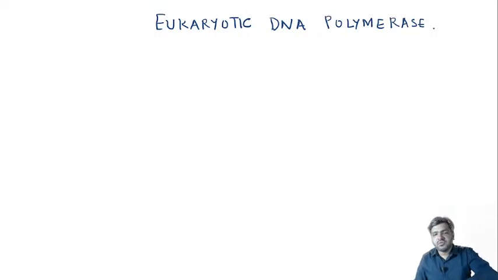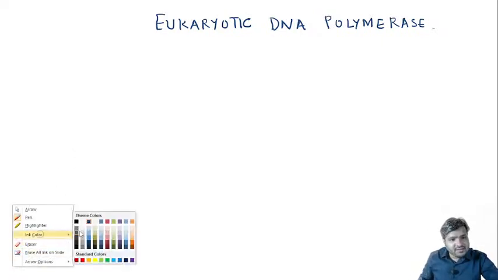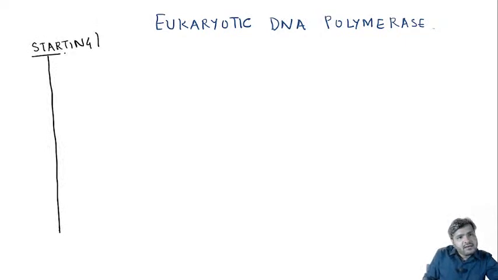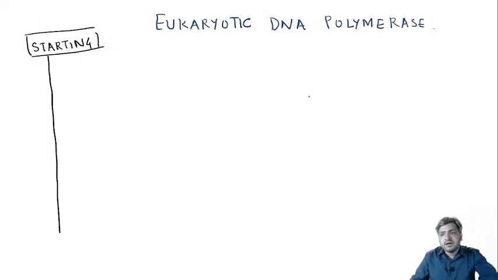You may think, sir, this will be very tough, there are 5 parts, and I don't know how to learn this. So I'll try to simplify this for you. Guys, we will have 2 sets over here, the starting point and the finish point.